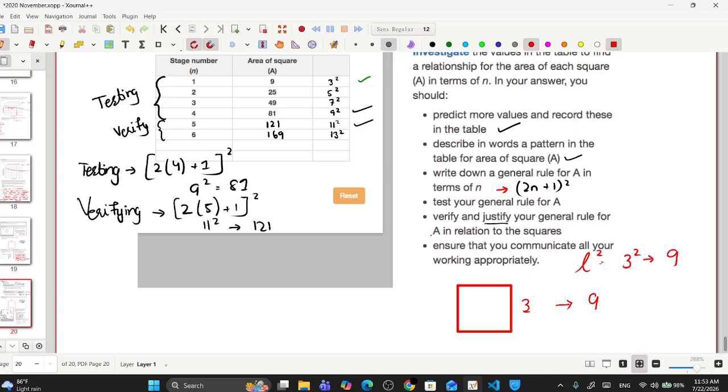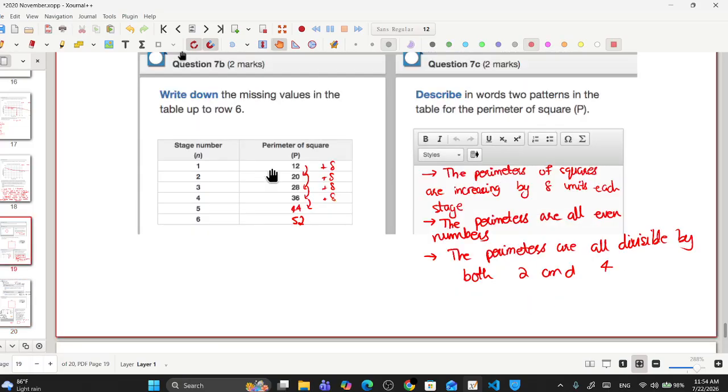So in that case, the value of n is supposed to be positive 1, as we calculated in the previous table that we had here. Not the total perimeter, rather the length. So now I know that 2n plus 1 can be given as an equation of length of a square.